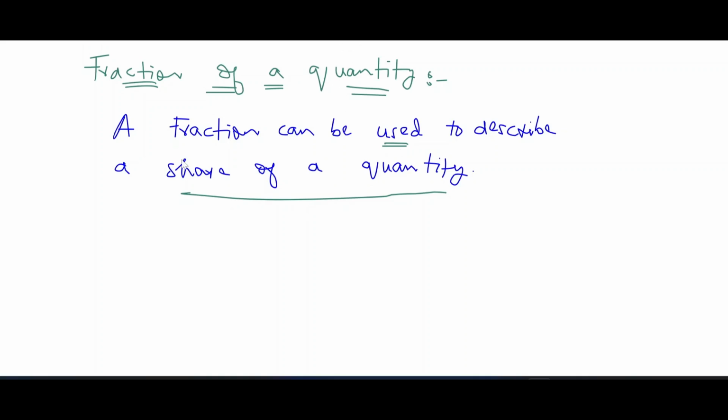Where the denominator, it's the bottom number.